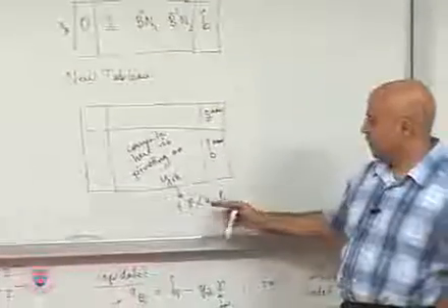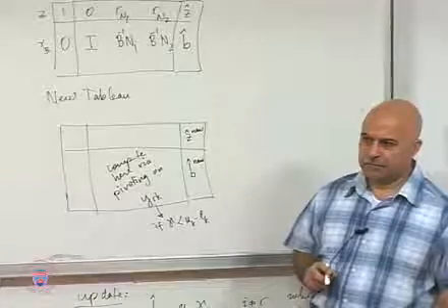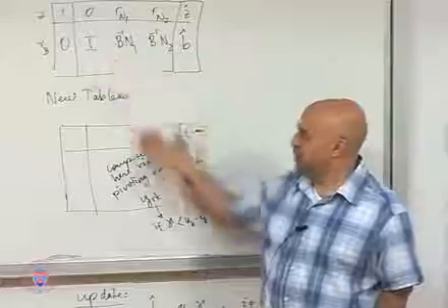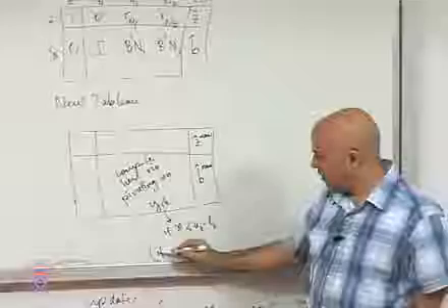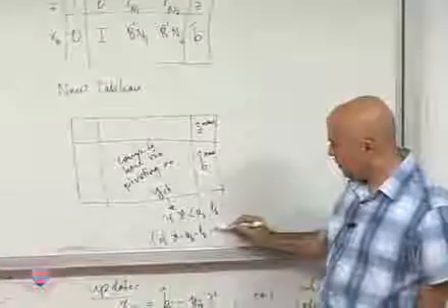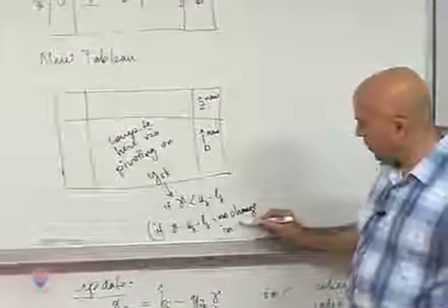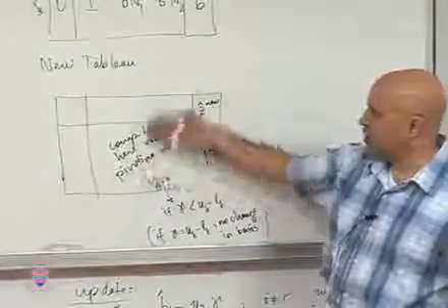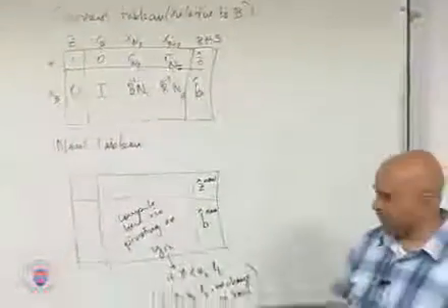So, what about if gamma is defined by UK minus LK? In that case, you don't need to do anything because the new basis is still the old basis, okay? In that case, no change in basis occurs, which means everything else is the same old stuff as in the old tableau, okay?